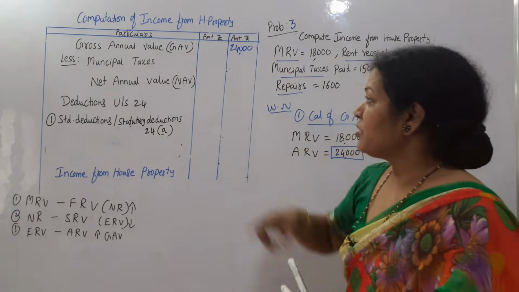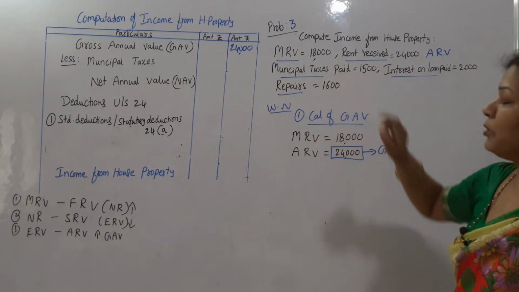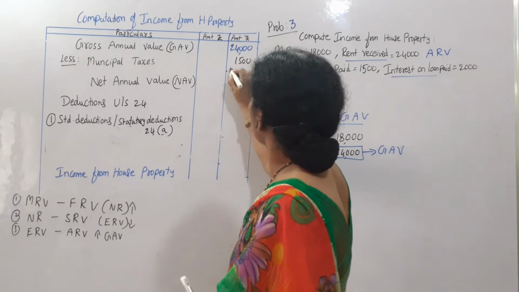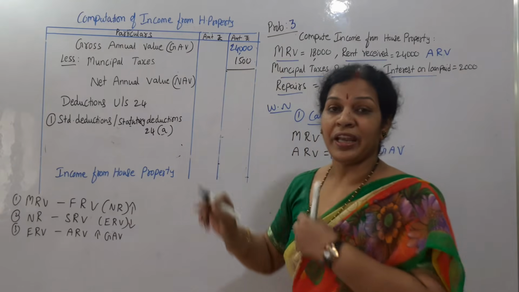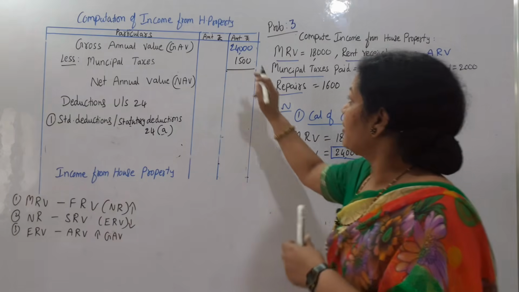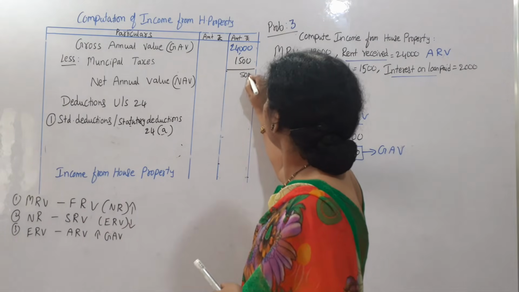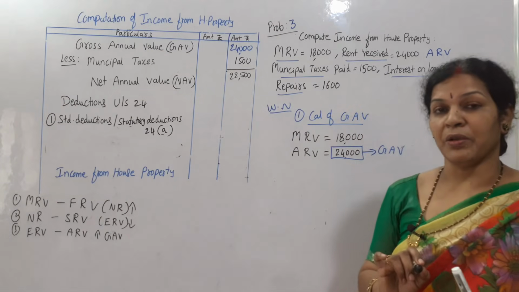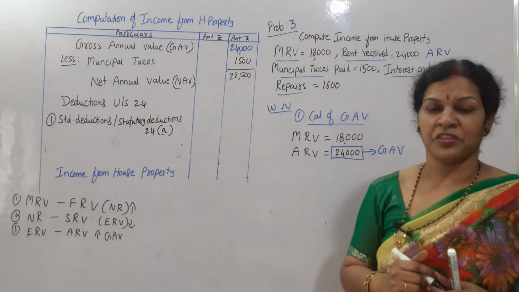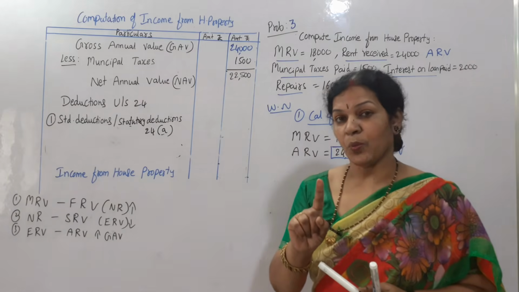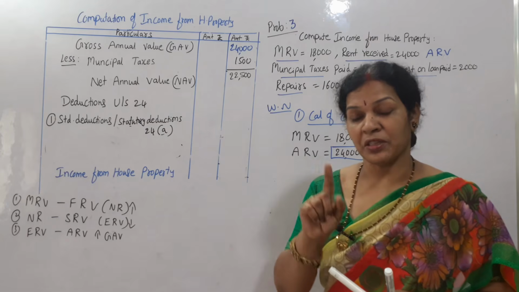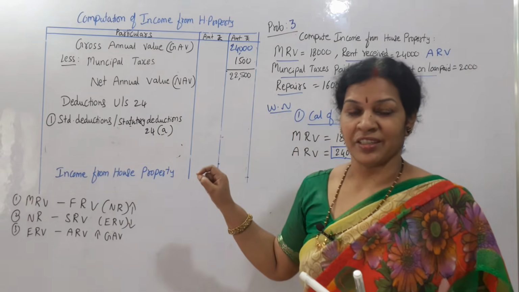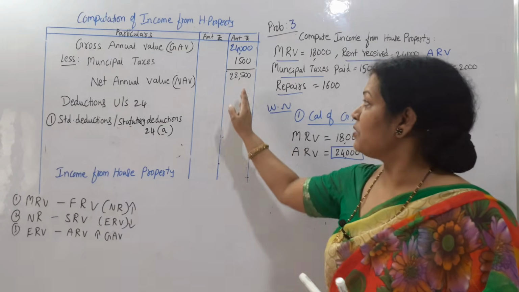Then after that what to do? Municipal taxes, here we have municipal taxes 1,500. We'll deduct it. If we deduct, you will be getting net annual value, NAV, 22,500. So this is net annual value. There are some standard deductions as per section 24. One is section 24 subsection 1, subsection A, which says standard deduction 30% on this.